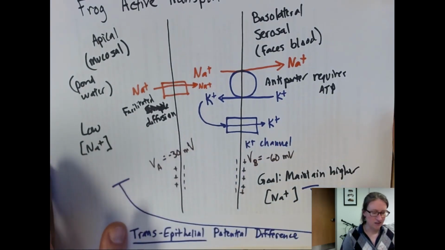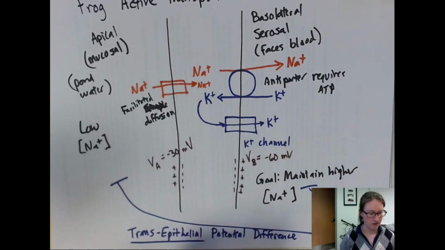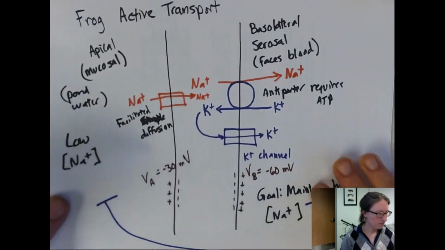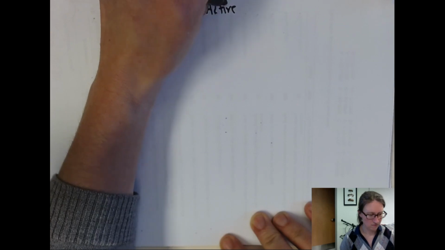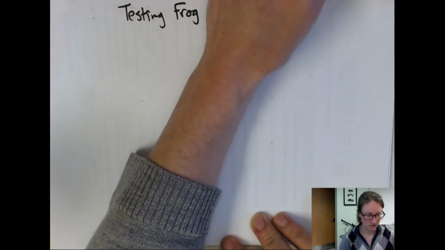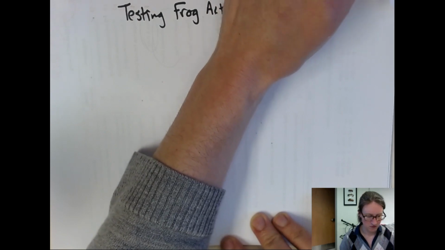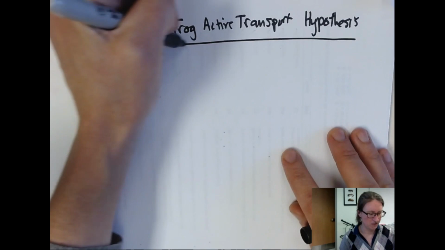And we're going to test this hypothesis by using a couple of different substances to manipulate what's going on. So for testing this hypothesis, we have the following available to us.